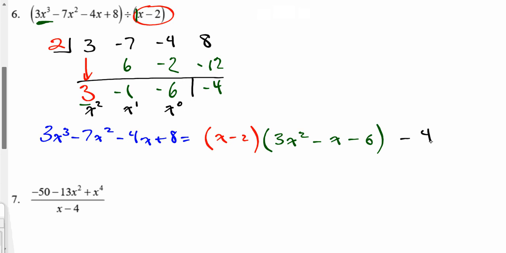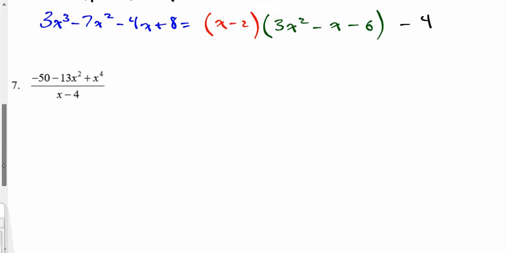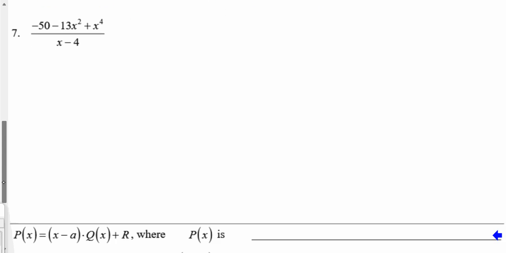No questions. So we'll add a little bit of challenge. As we get to the next question, this time our polynomial is written in a different order. What we want to do is make sure that whatever order we have for the terms in the numerator is the same as in the denominator.